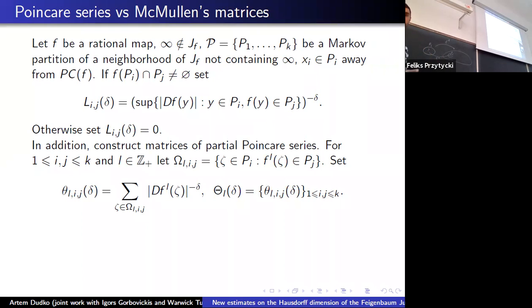So this will depend on L, i and j, and we construct matrices theta L of these values, theta L ij of delta. L is the length of the iterate.